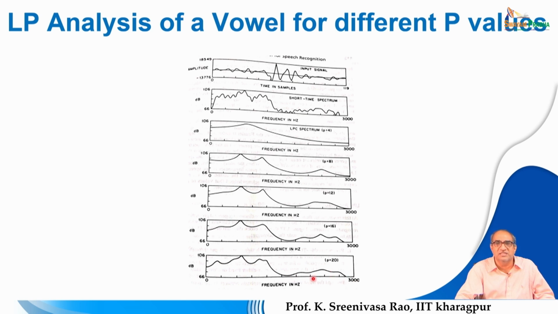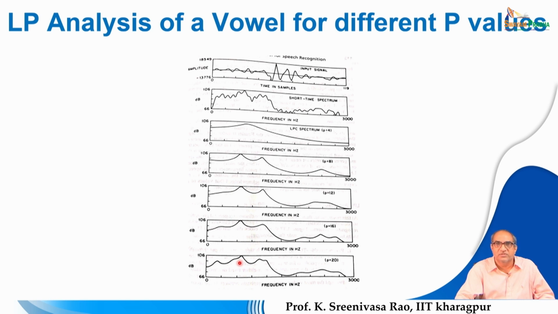So in this case more spurious peaks are observed in the spectral envelope. We don't want all these ripples. We want the significant peaks corresponding to the dominant frequencies offered by the vocal tract system.